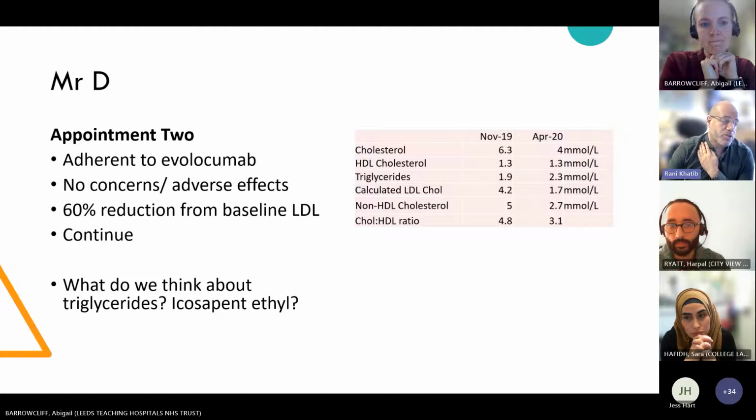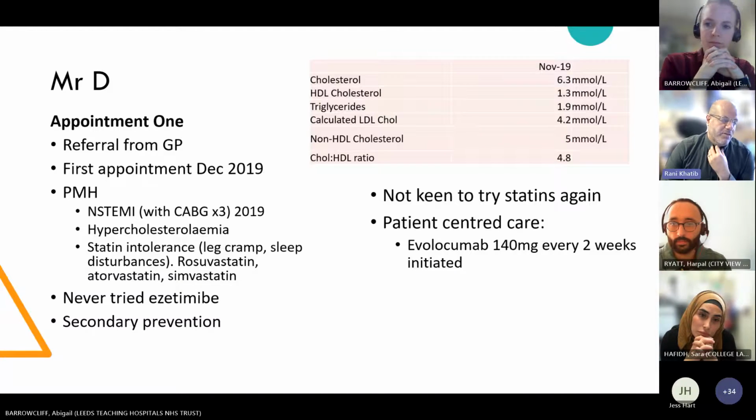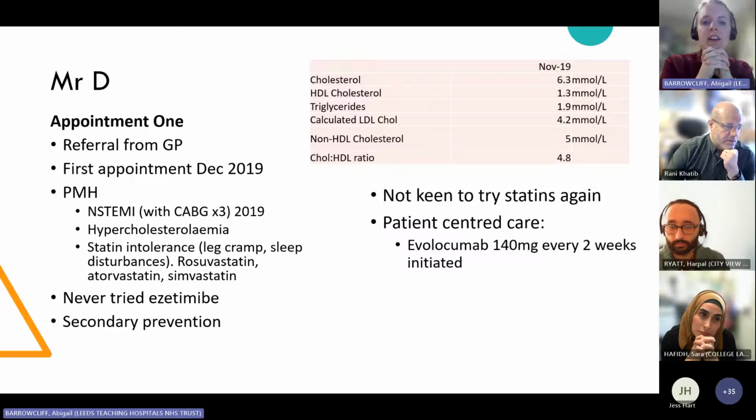So this patient would have qualified for inclisiran as well, because it's secondary prevention. From your experience, what kind of logic or preference patients and you have over choosing between the two, either inclisiran or PCSK9 monoclonals? So it really varies from patient to patient.